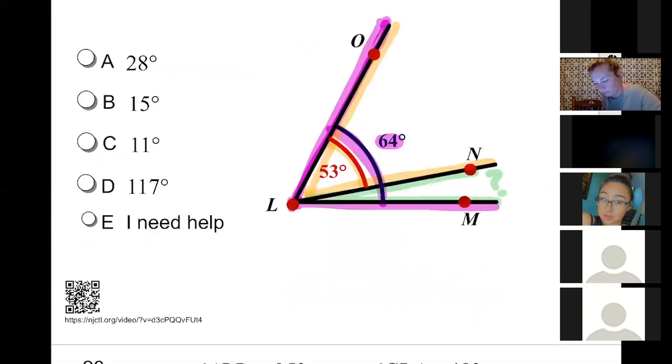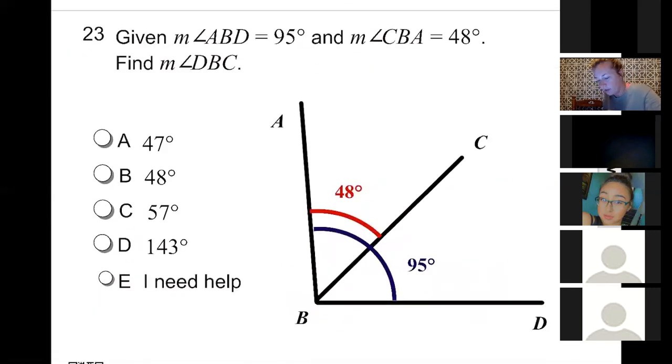Looking at question 23, it says ABD is 95. So we know ABD, this whole entire thing right here, is 95. So the whole outside is 95. When we were in class, I wrote it on the outside like this because to me, that's the way it makes sense. They prefer to write it on a long line like that.